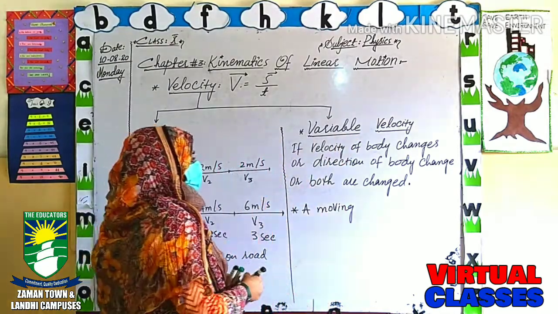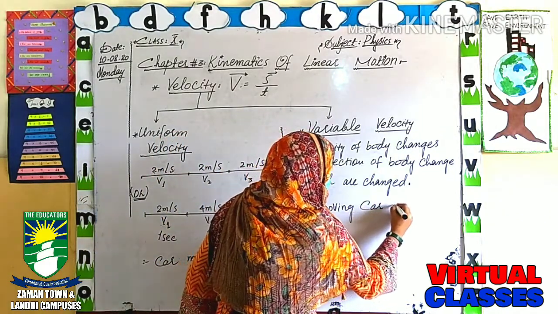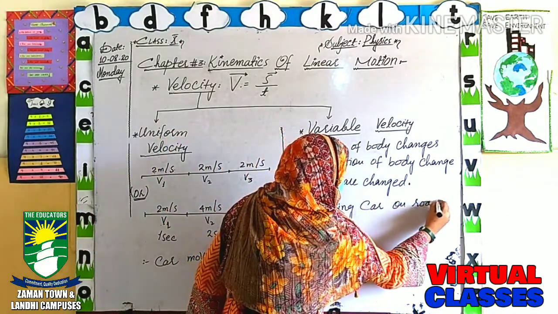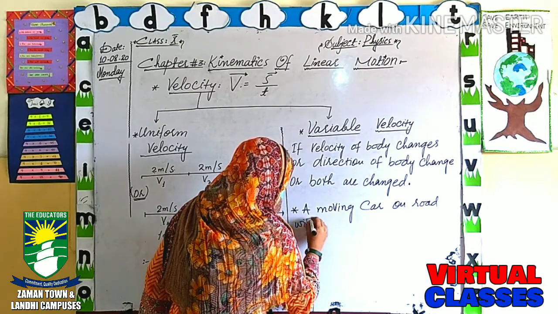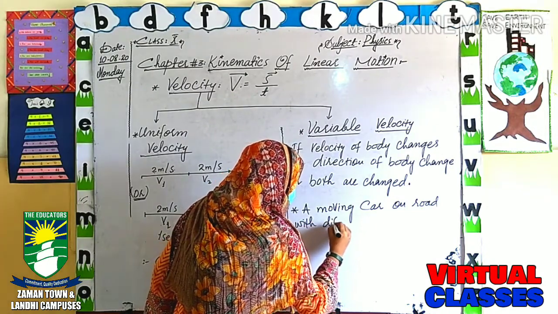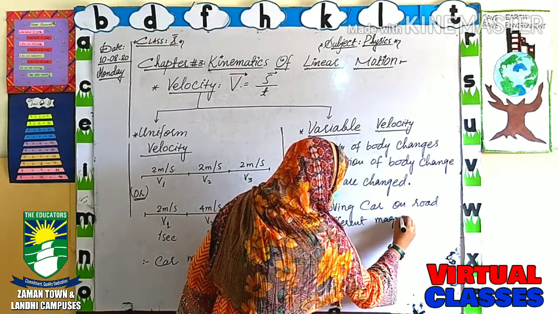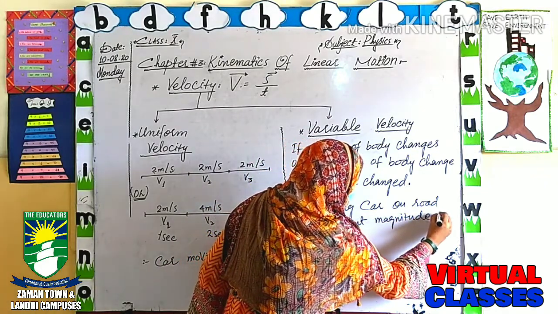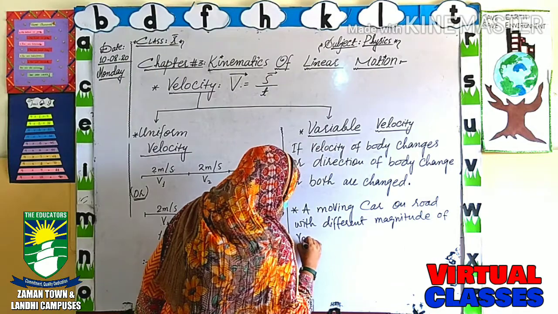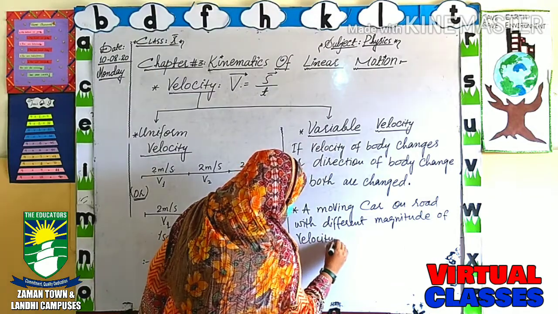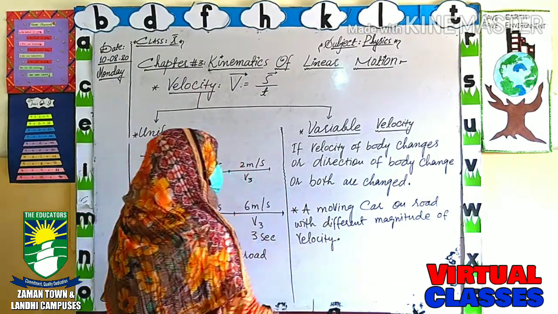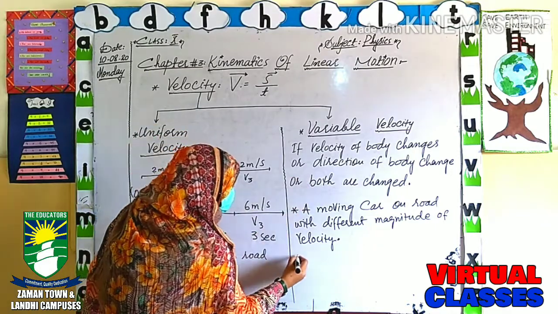Similarly, a moving car on road with different magnitude of velocity. It's the first example of variable velocity.